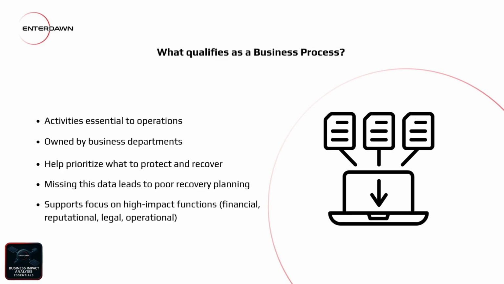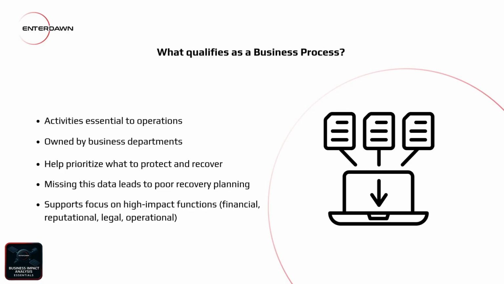Identifying these processes builds resilience, as the organization must know what needs to be prioritized to maintain functionality and minimize downtime. Without this data, it is difficult to plan recovery strategies or allocate resources where they matter most.